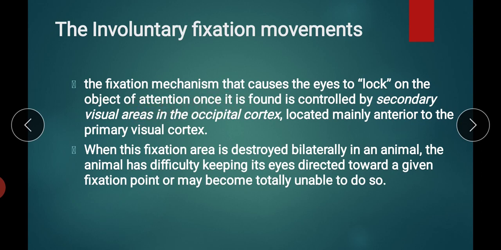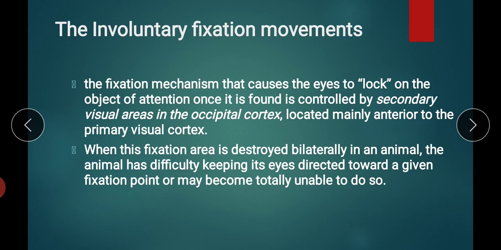Okay, and when this fixation area is destroyed bilaterally, the animal has difficulty keeping its eye directed towards a given fixation point, or may become totally unable to do so. So if the involuntary fixation area is damaged, the person cannot keep focus on any one thing.